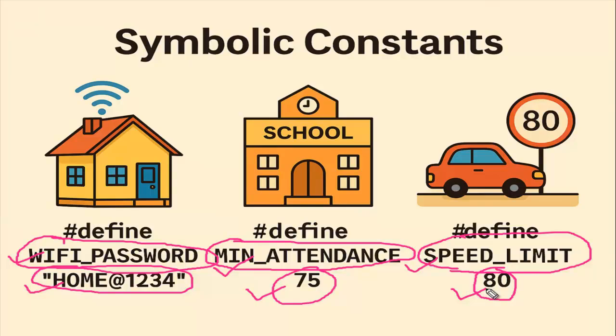So here you can see, instead of writing the same number like 80, 75 and this password again and again in a program, we give it a name like WIFI_PASSWORD, MIN_ATTENDANCE, SPEED_LIMIT, and use that name whenever needed. And as I said, the compiler automatically replaces the name with the actual value for us.